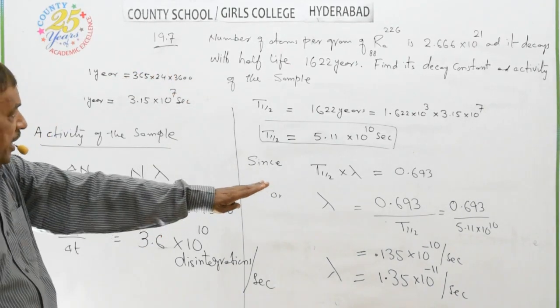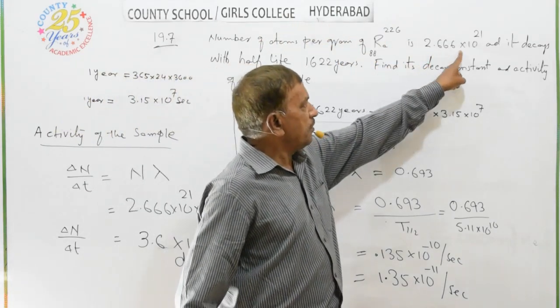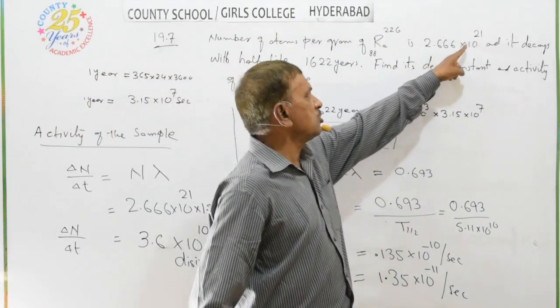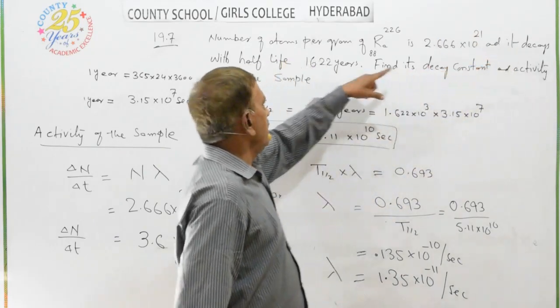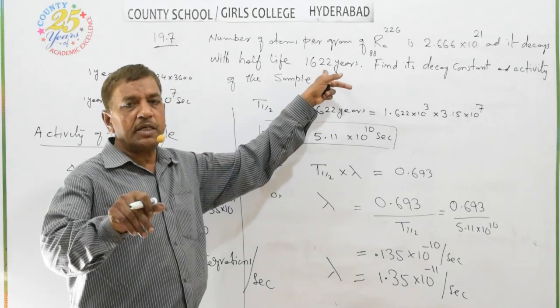Here again I repeat, there is radium which has an initial number of nuclei 2.666 into 10 raised to power 21, and it will decay with a half-life of 1622 years.